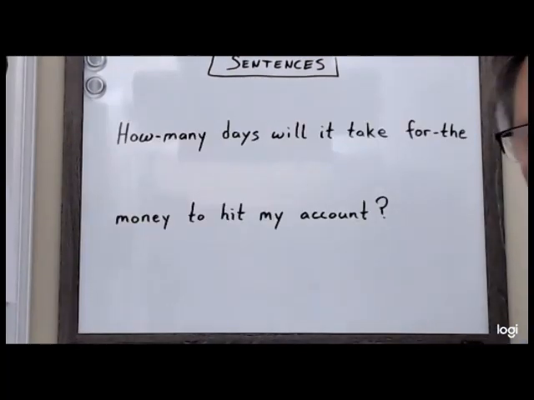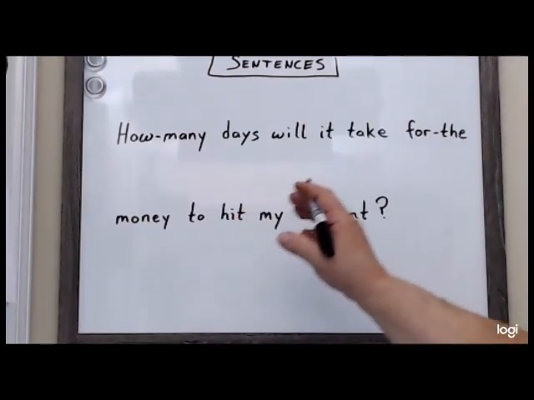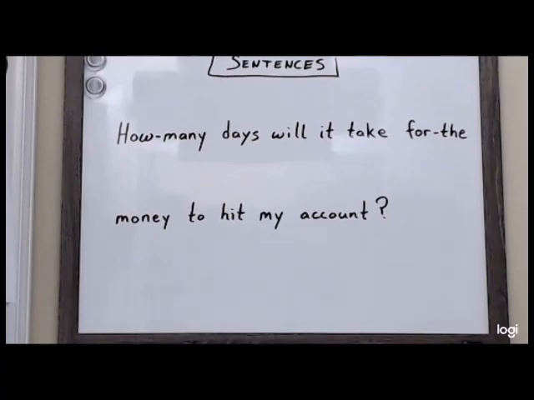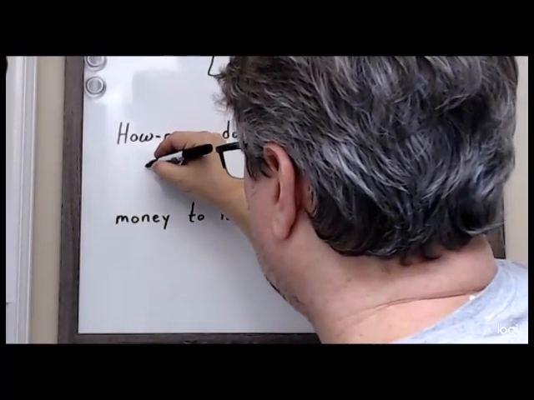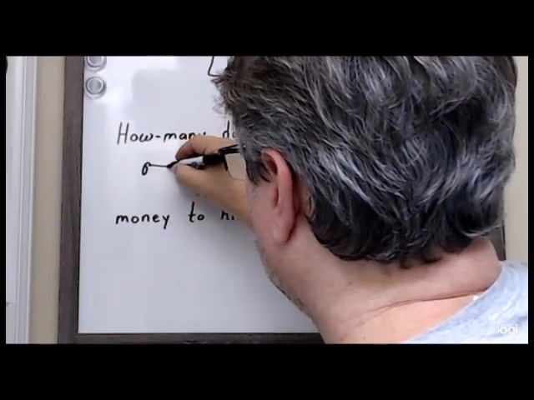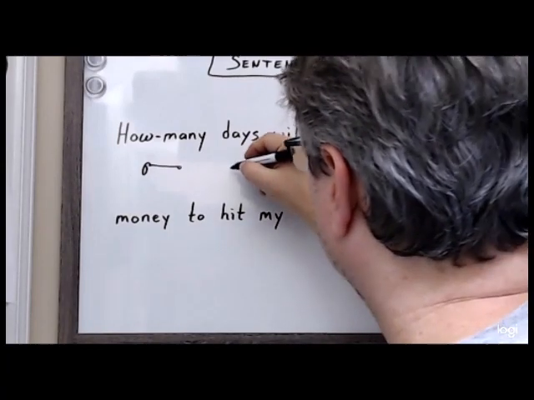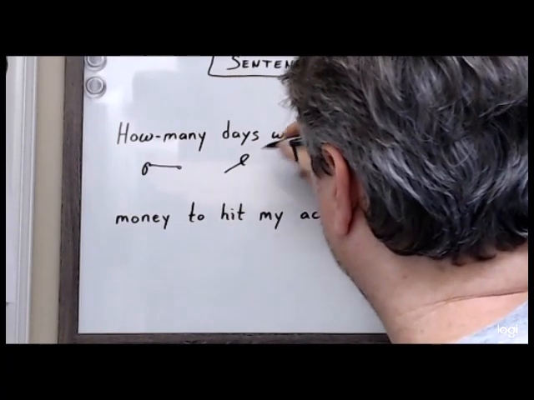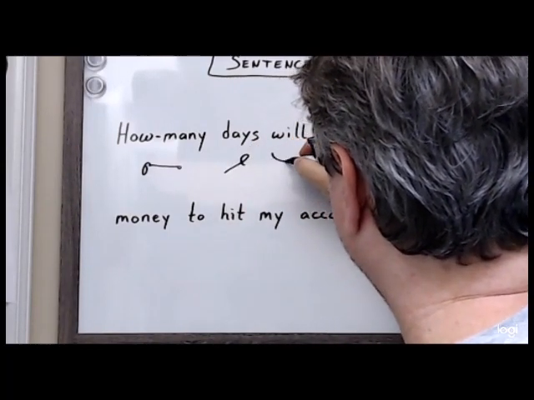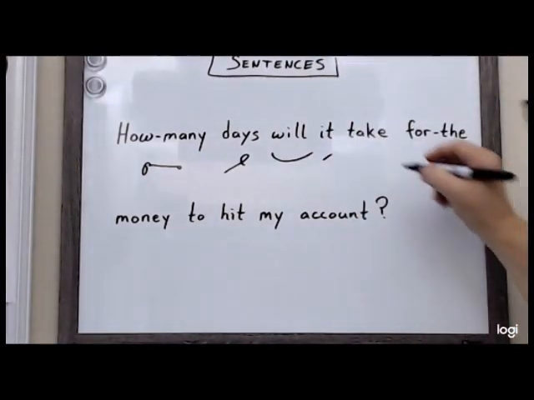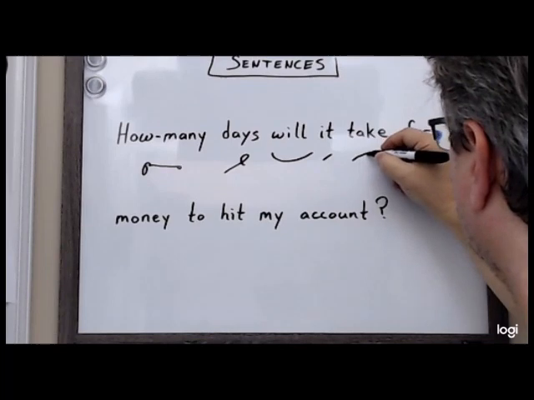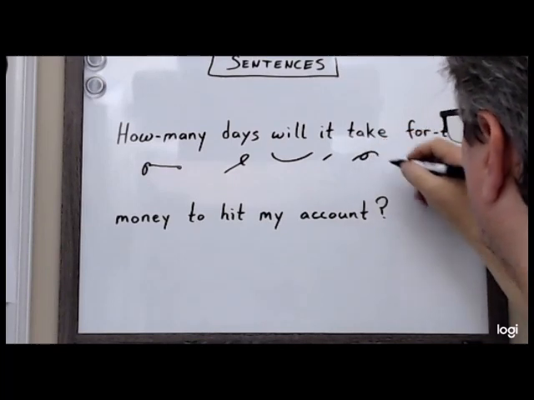So for the next sentence, we will write, how many days will it take for the money to hit my account? How many is a short form. Days. Will, short form using the L. It, using T as a short form. Take, T-A-K.